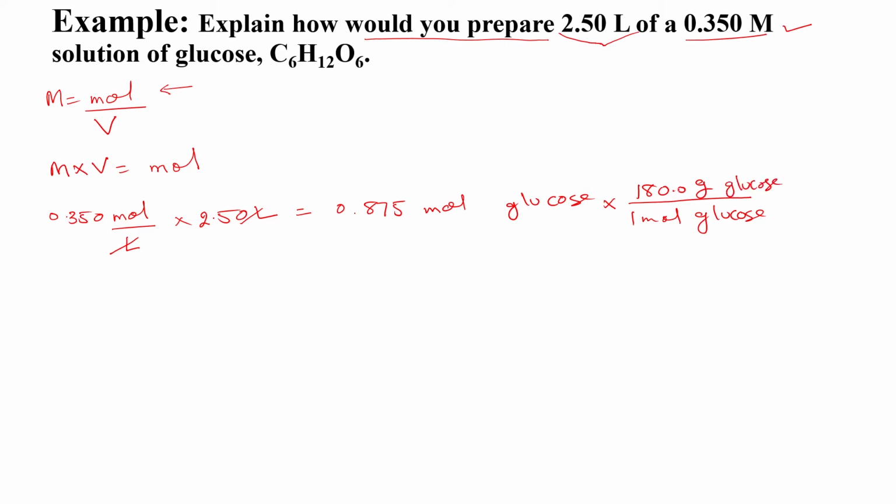So this 180 grams is basically 6 carbon plus 12 hydrogen and 6 oxygen. So grams of glucose is cancelled here. So we have 3 sig figs here and we have 4 sig figs here. So we are going to round this to 3 sig figs, and it will be 158 grams of glucose. So in order to prepare a solution, what we will do, transfer.